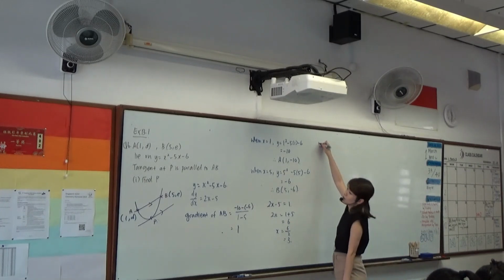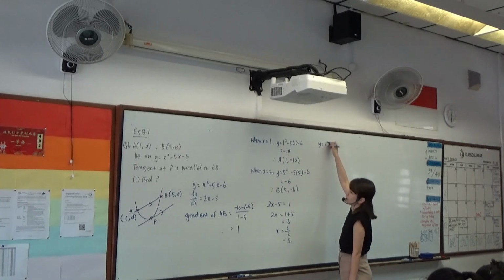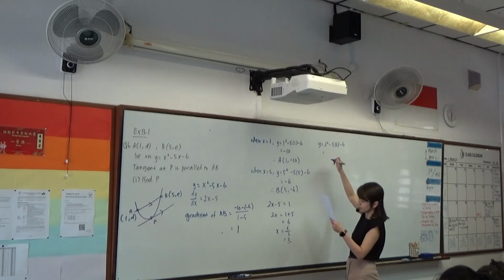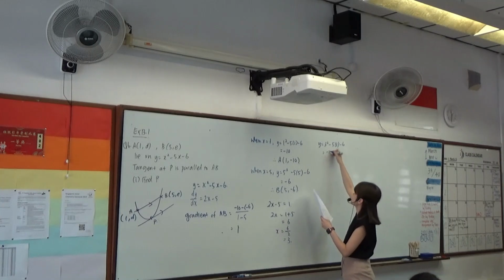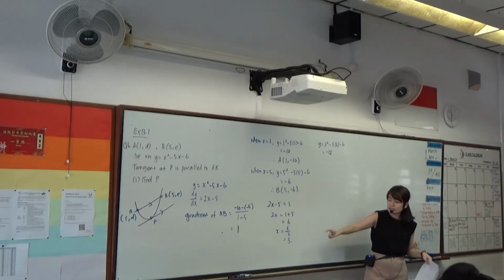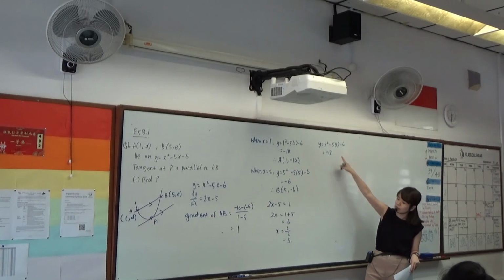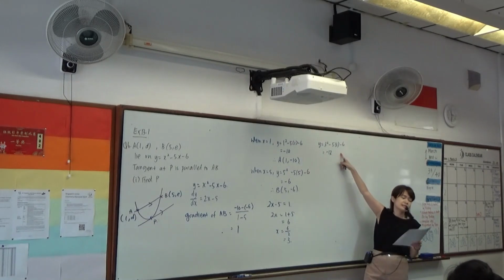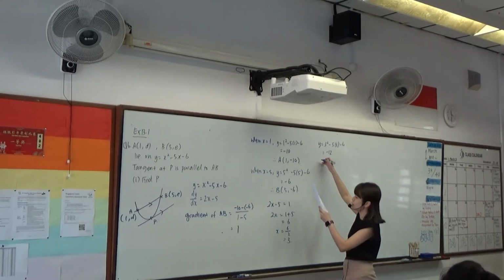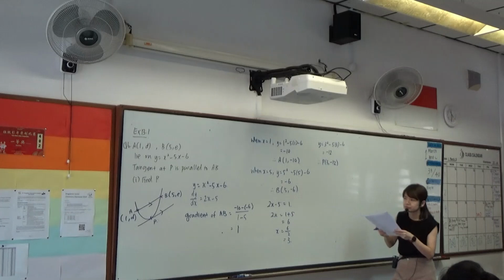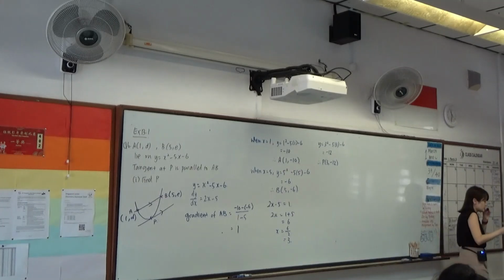Then our y will be 3 squared minus 5 times 3 minus 6. That will give us negative 12. Because P will have to satisfy the equation of the curve as well, we take x equals 3, put it inside the curve, then we get negative 12. So P has the coordinates (3, negative 12).